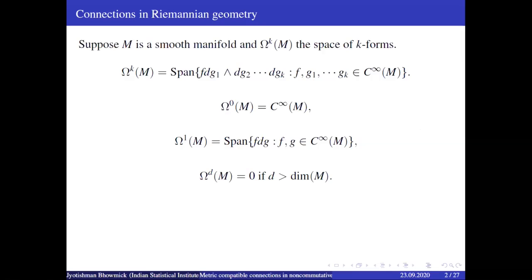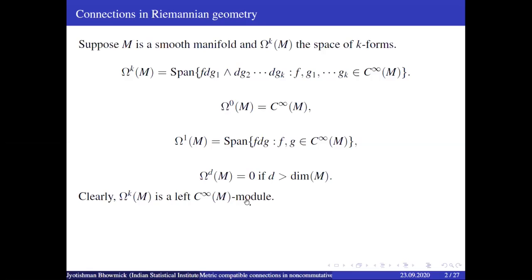Let's again look at this expression. Suppose h is a smooth function on the manifold, then I can multiply this expression by h on the left. But the definition of Omega^k(M) says that after multiplication, the element still lives in the space of k-forms. So Omega^k(M) is a left module.